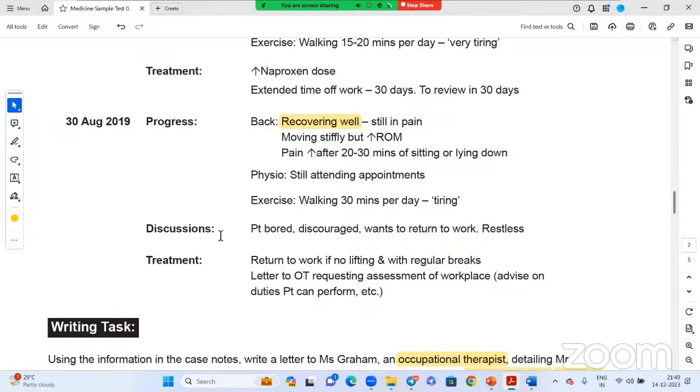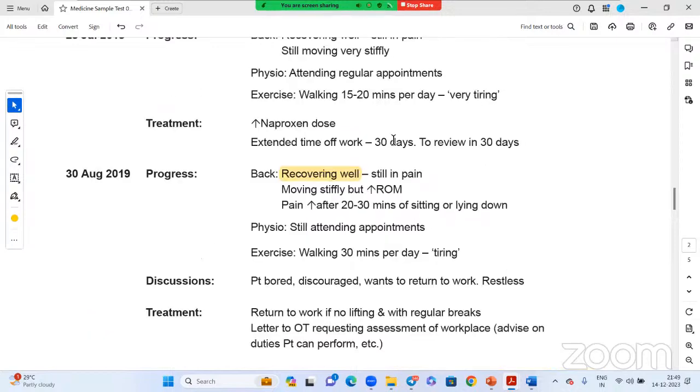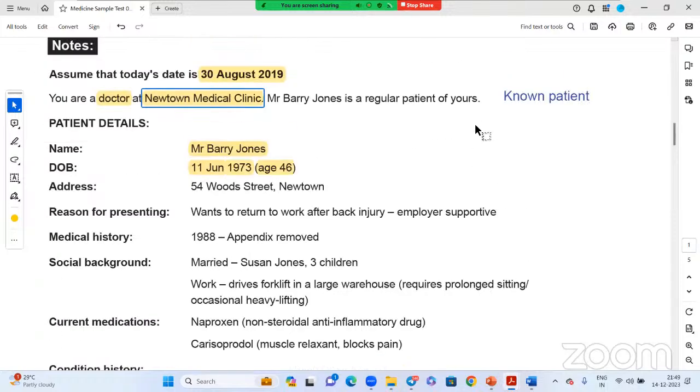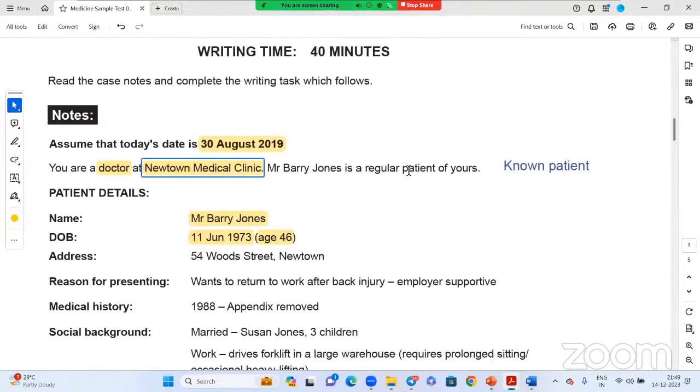You can see that. So now this patient, you know him and he is visiting your clinic. Mr. Barry Jones is a regular patient of yours, not the first time. But don't use the words known patient of yours, like all these things. No need.